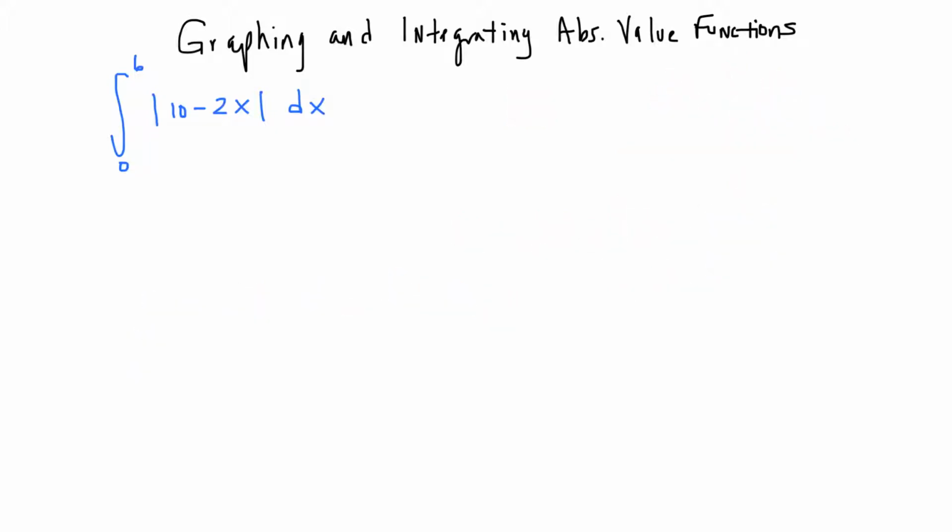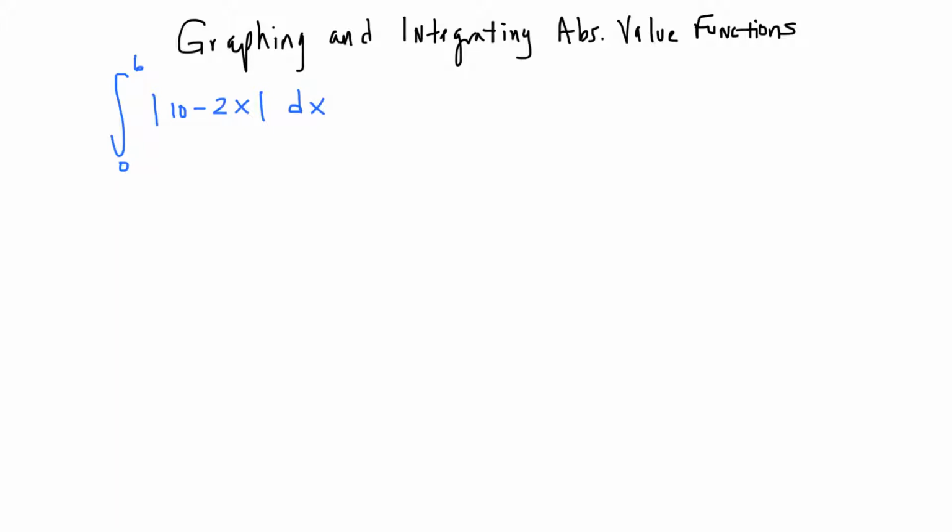So let me now try this integral of the absolute value of 10 minus 2x. And what I'm going to do is make it a piecewise function and then graph the piecewise function and then take the integral by looking at areas.